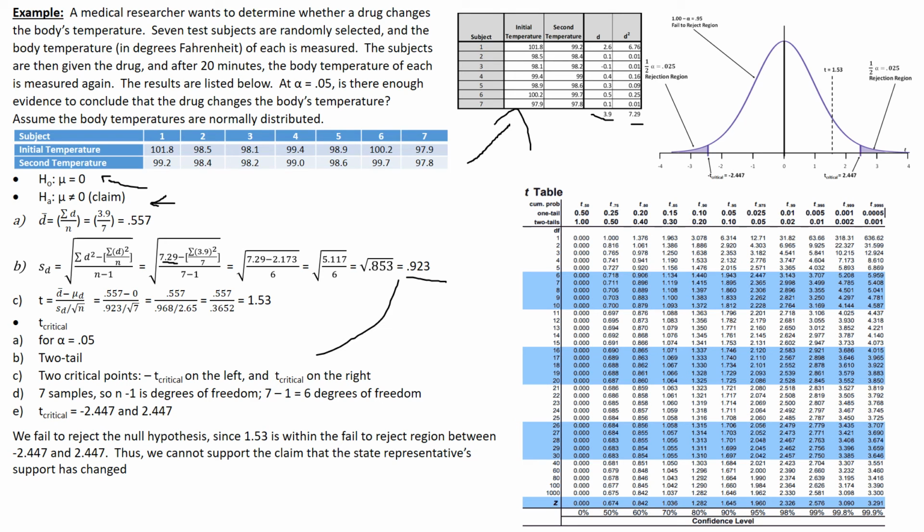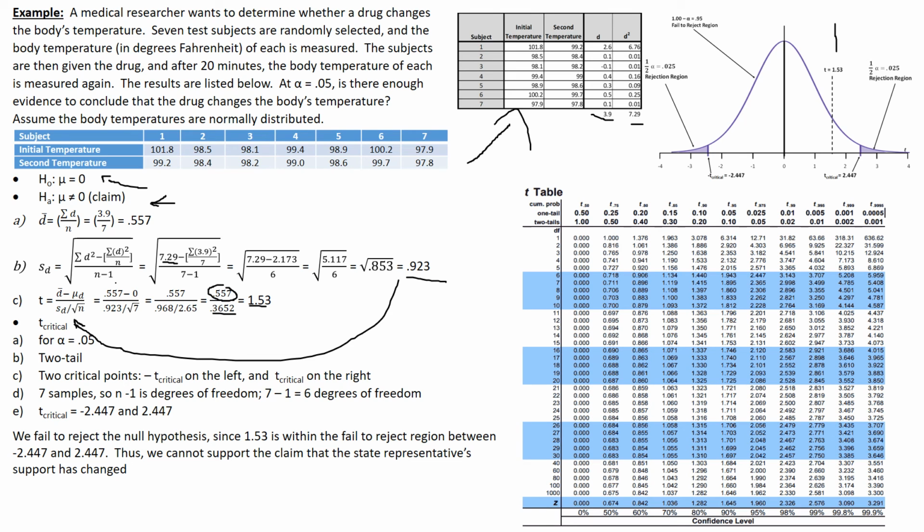That is my sample deviation. My D bar, as I found before, is 0.557. And then my sample deviation, 0.923, divided by the square root of the number of samples, which is 7. That's 0.923 over 2.65, which is 0.3487. 0.557 over 0.3487 is 1.53.